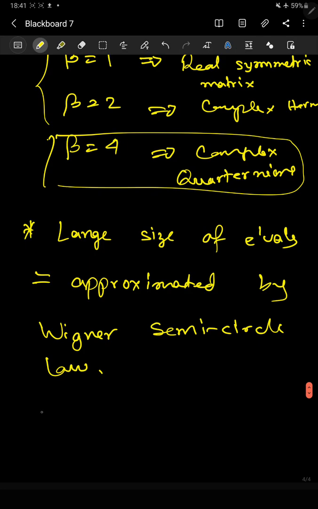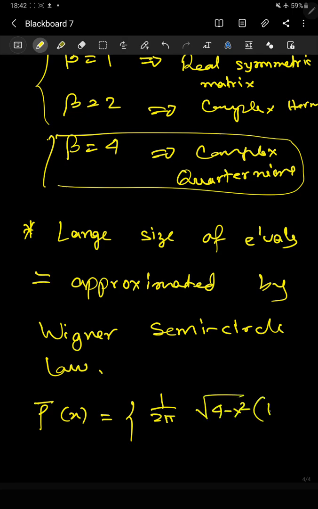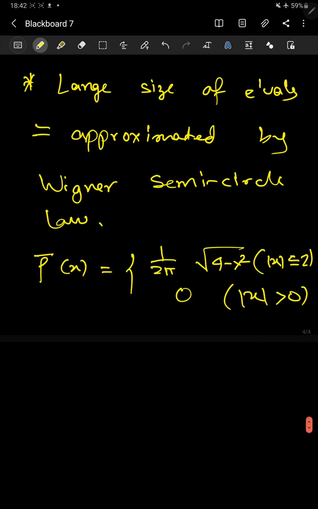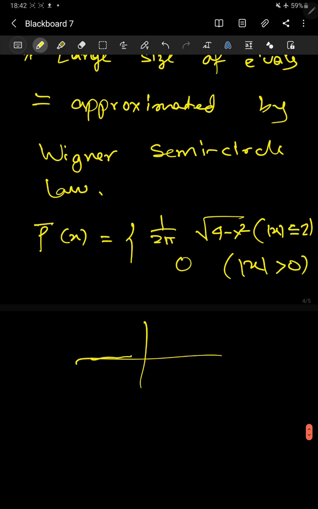If I'm gonna write it, it looks something like this, with x less than or equal to 2, or 0 otherwise. So if you draw a graph, it's something like this: minus 2, 2, and you have x.